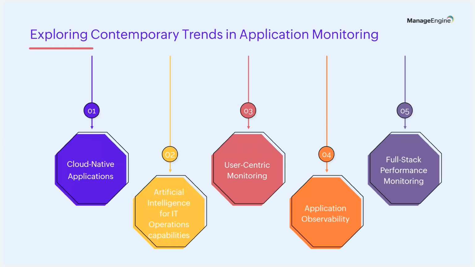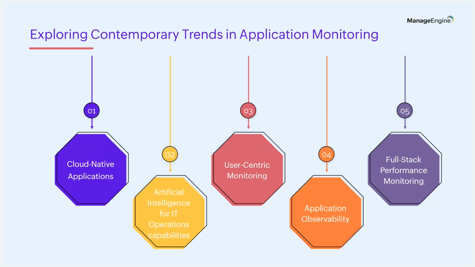Developers and operation teams follow DevOps practices to deliver software much faster nowadays. Monitoring here is very important in order to track each component and ensure the application can handle a large number of users. The second trend is the use of artificial intelligence for IT operations, which is AIOps.